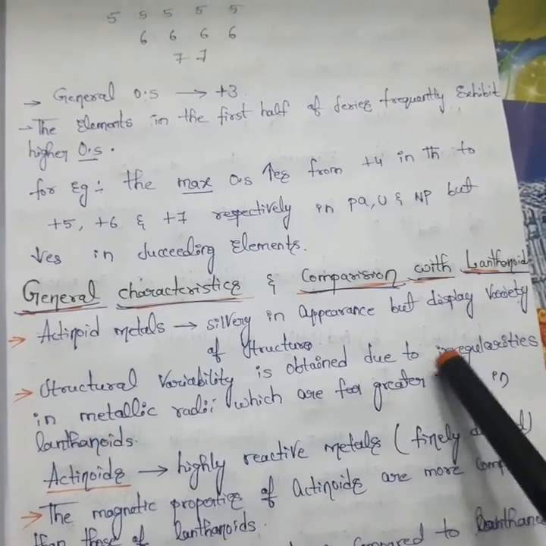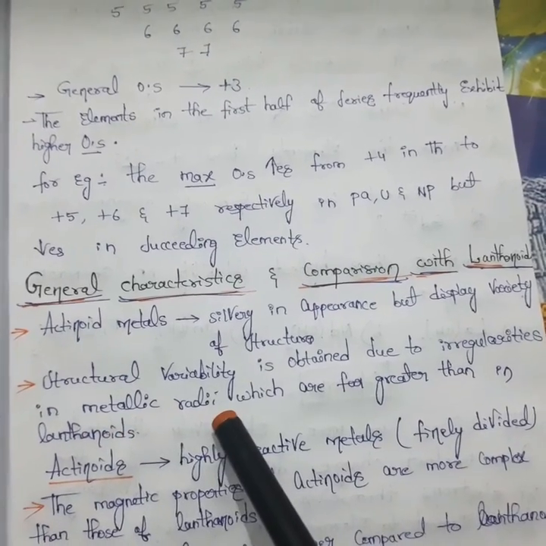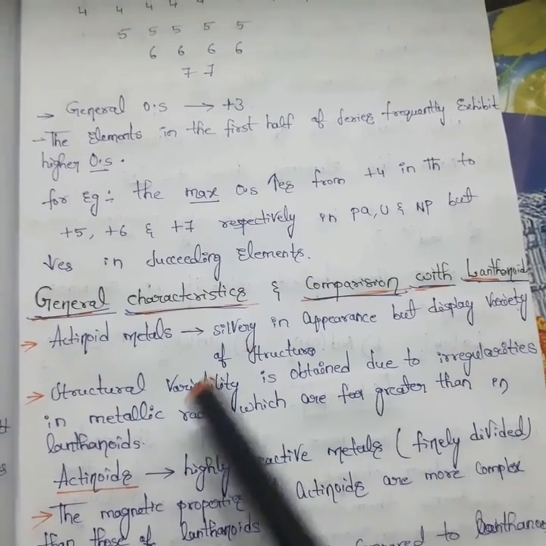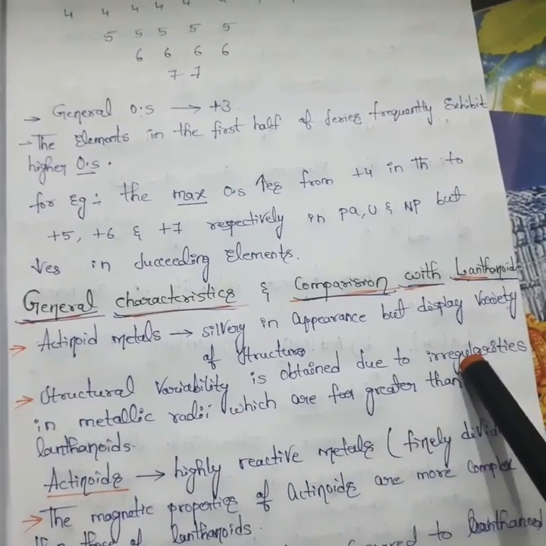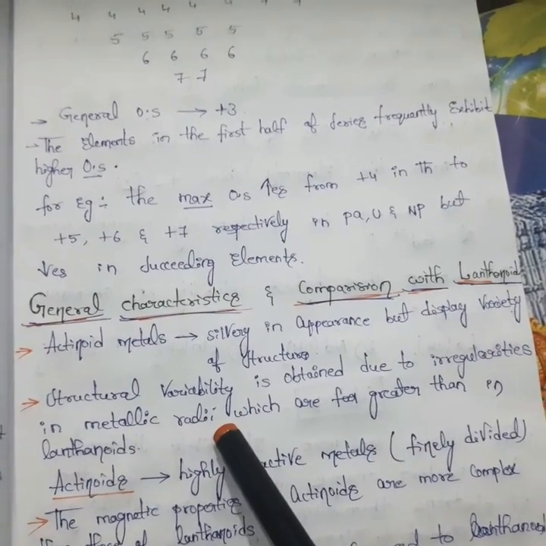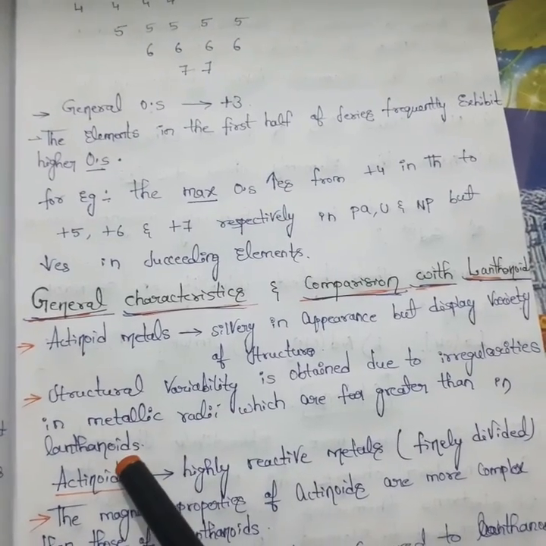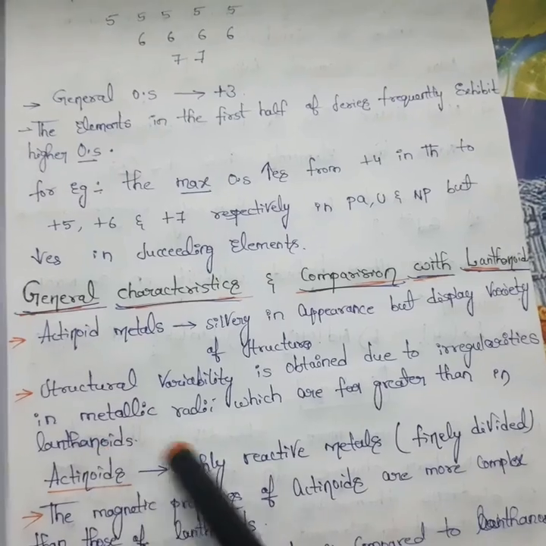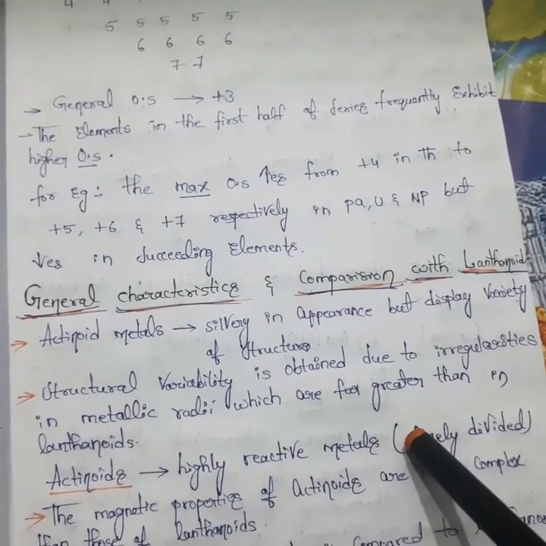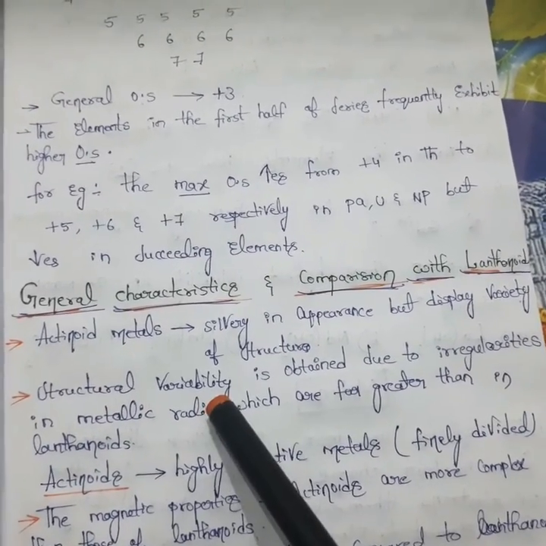If we observe the metallic radii of lanthanoids, the irregularities are somewhat less, but for actinoids the irregularities in metallic radii are far greater, so structural variability is obtained.